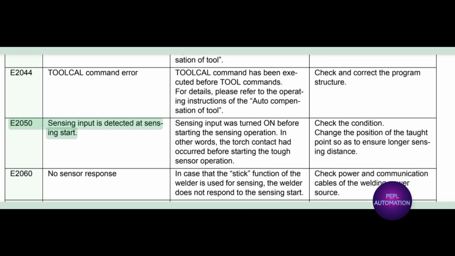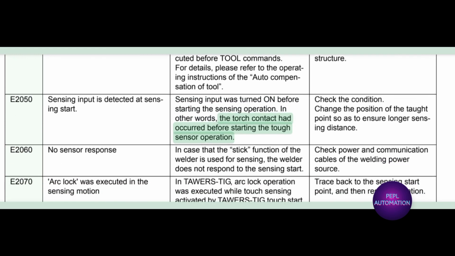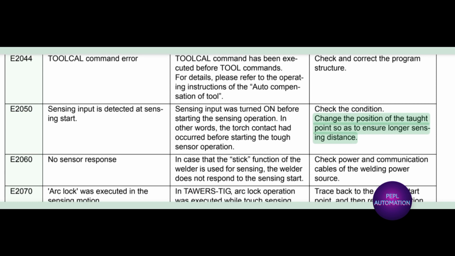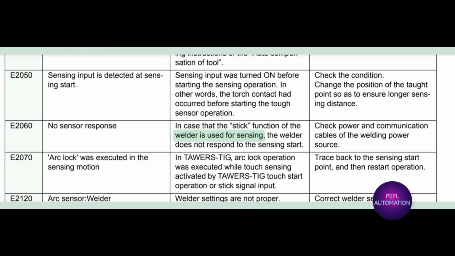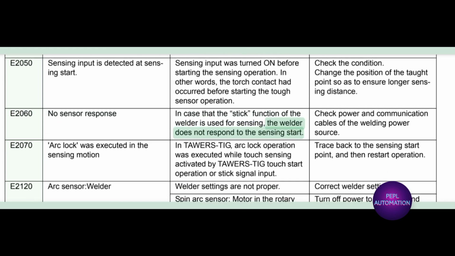E2050 Sensing input is detected at sensing start. Sensing input was turned on before starting the sensing operation. In other words, the torch contact had occurred before starting the touch sensor operation. Check the condition. Change the position of the teaching point so as to ensure longer sensing distance. E2060 No sensor response. In case that the stick function of the welder is used for sensing, the welder does not respond to the sensing start.